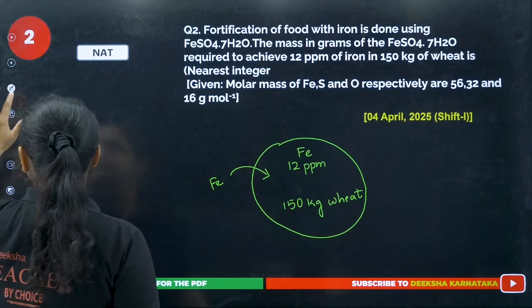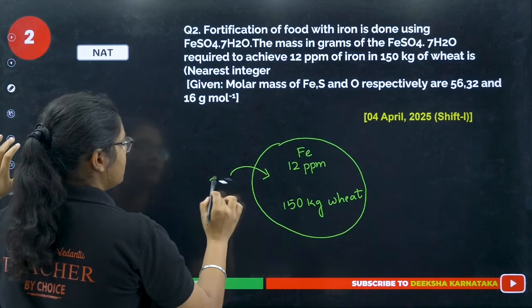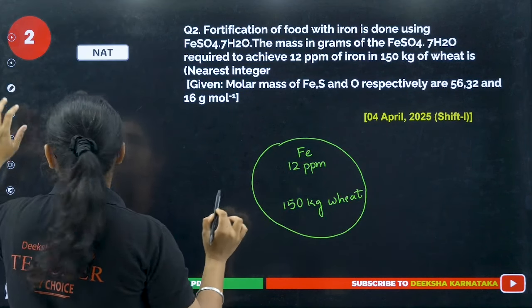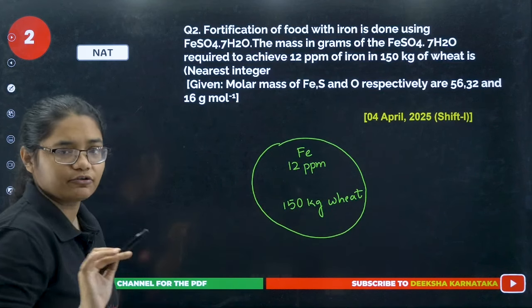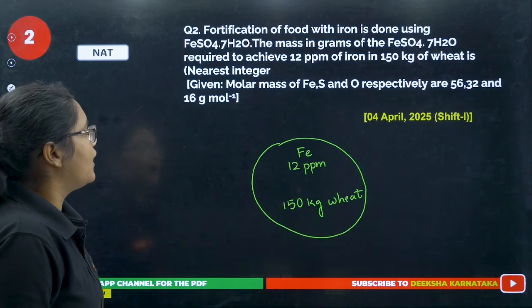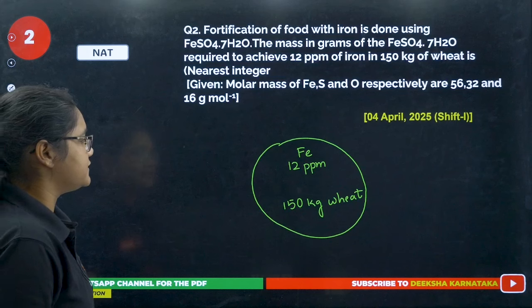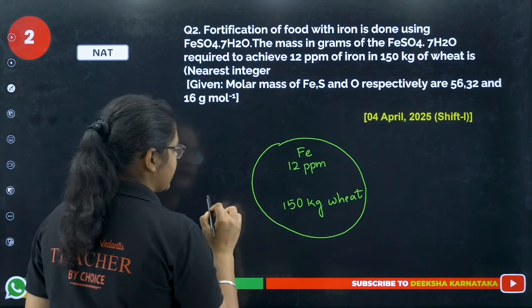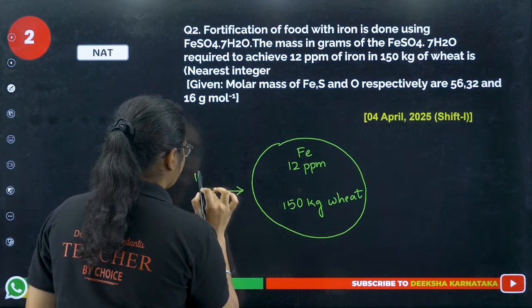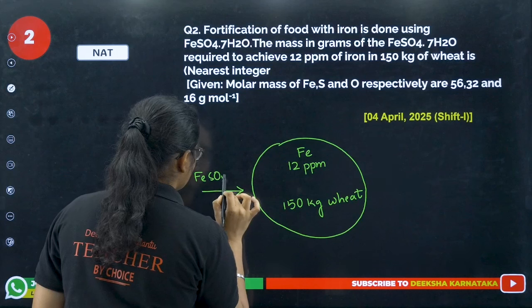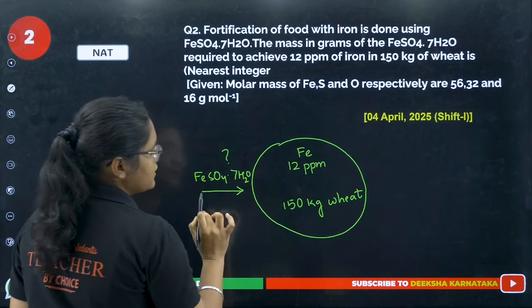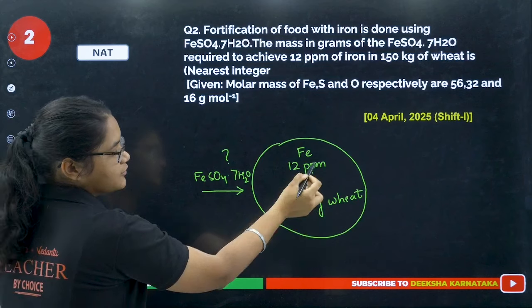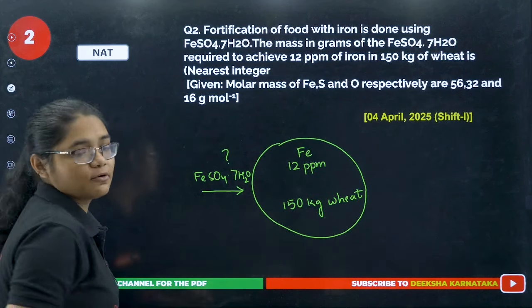Now what happens? Now I have, okay, Fe is 12 ppm, 150 kg of wheat is added to that. Next what I have here is the molar mass. So the question is here, how much FeSO4.7H2O should be added to this wheat so that I'll get 12 ppm of Fe.